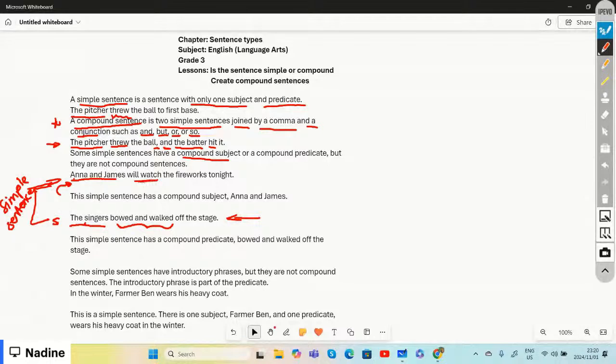It's just that the one over here has a compound subject, and this one has a compound verb.